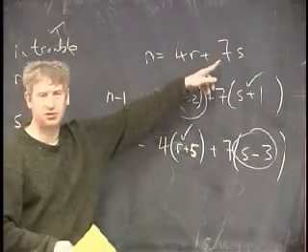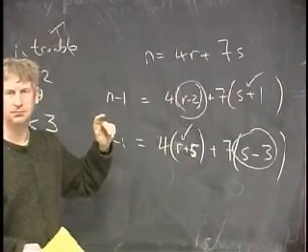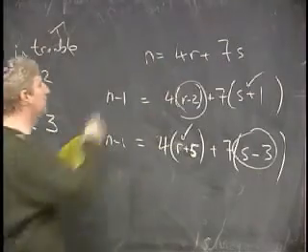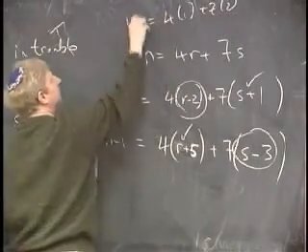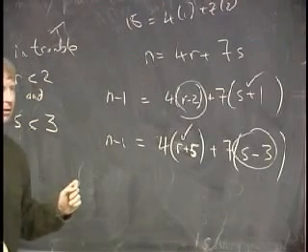If R is 1 and S is 2, what's the N? 4 times 1 plus 7 times 2 is 18. That means if you're at 18 and you try to go down one step, you are in trouble.